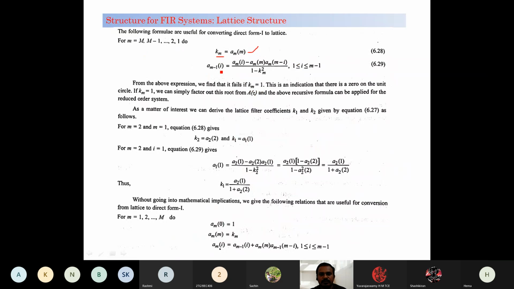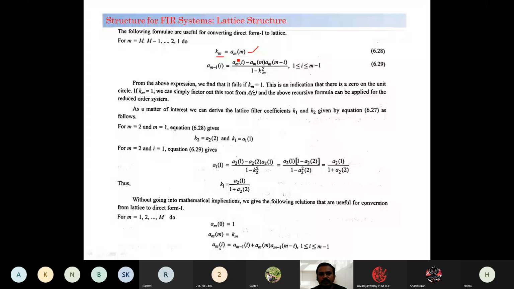If you go for first order, k1 is nothing but a1 of 1. For second order, k2 is nothing but a2 of 2. And for third order, obviously, k3 is equal to a3 of 3 itself.